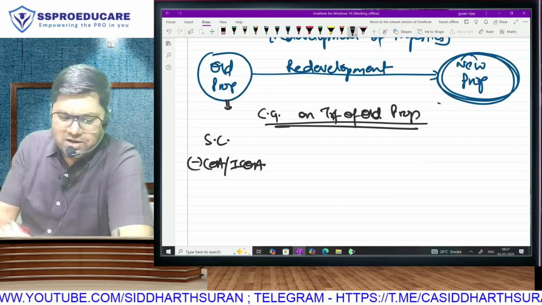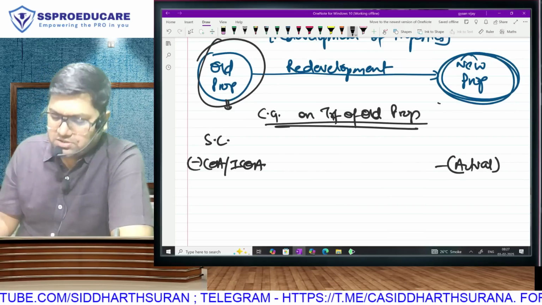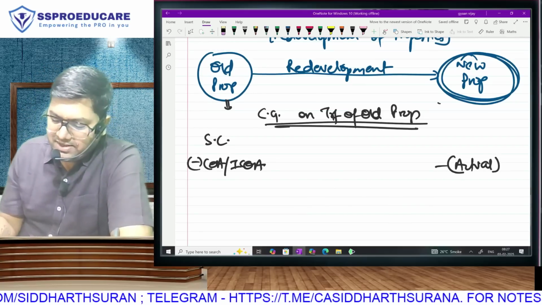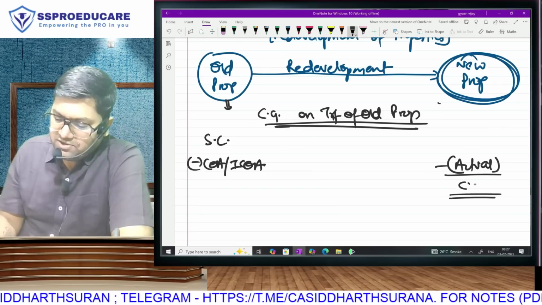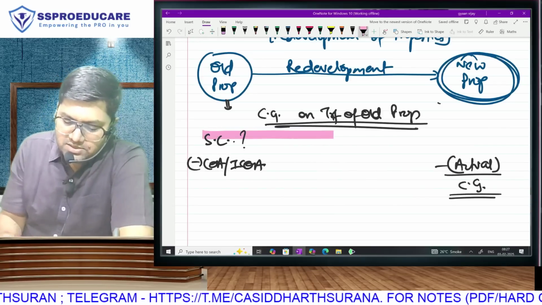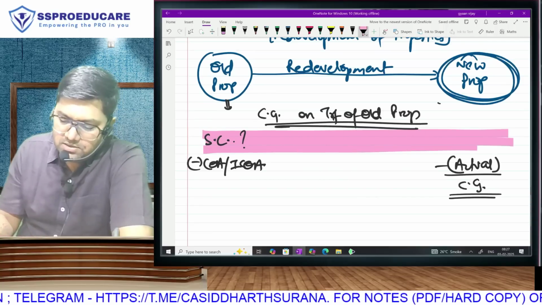See, whether cost or indexed cost, that I am aware of, no. So, whatever was my actual cost, this is immovable property. Whatever was my actual cost, will I take that? Will it give me my capital gain? Ladies and gentlemen, the question is, what am I going to write here?